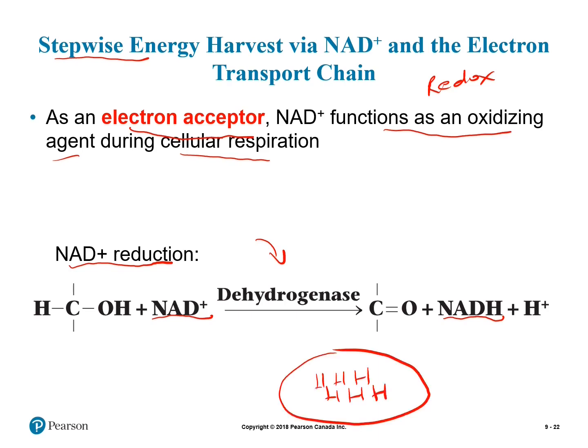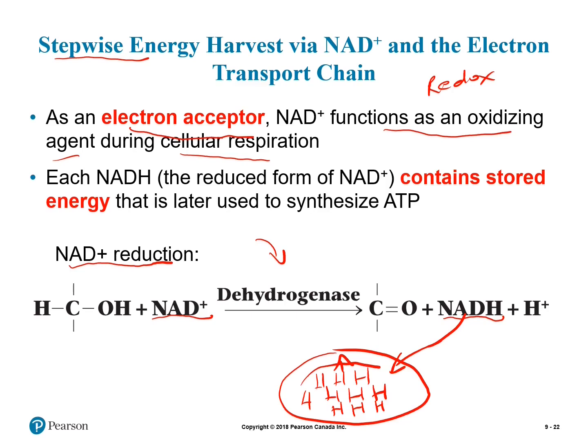In both cases, you will see that we will create a gradient. We will have a lot of hydrogens that will be transported inside of both chloroplasts and mitochondria, and this gradient will have a protein that will harness energy using this gradient.